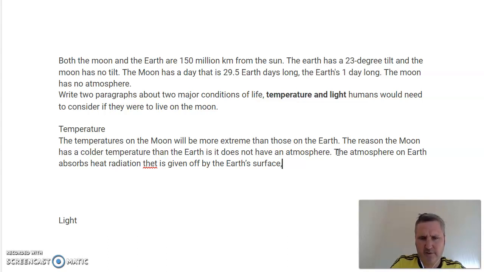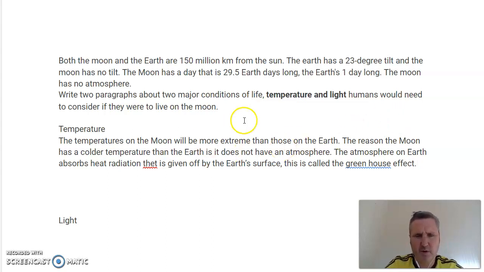Okay, and I'm just going to state here this is called the greenhouse effect. So the reason the Moon has a colder temperature than Earth is it does not have an atmosphere. The atmosphere on Earth absorbs the heat radiation that is given off by the Earth's surface.